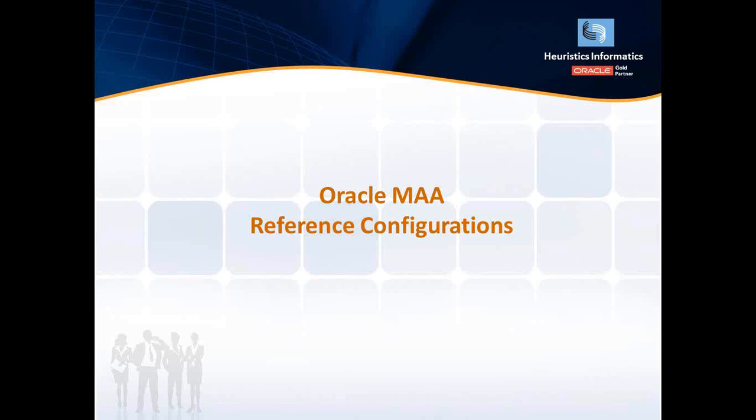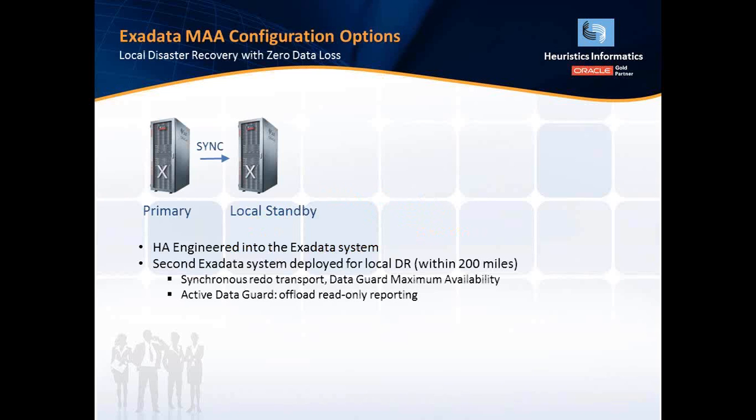Reference configurations. As I said, at the end of the webinar we would go through some sample reference configurations of the various architectures that we can have set up. First, simple high availability. It is called MAA, but I would say it is MAA with a local disaster recovery.